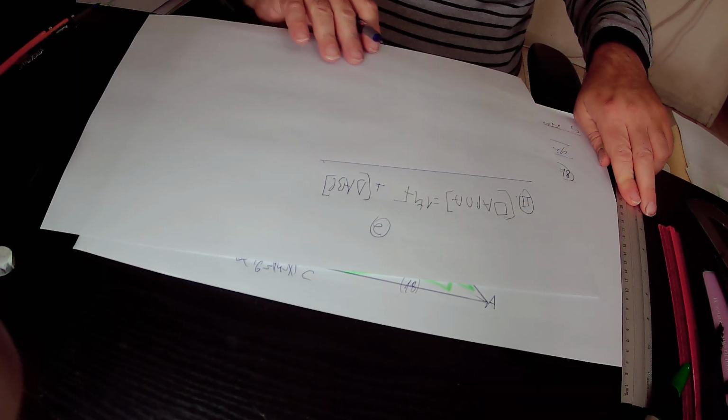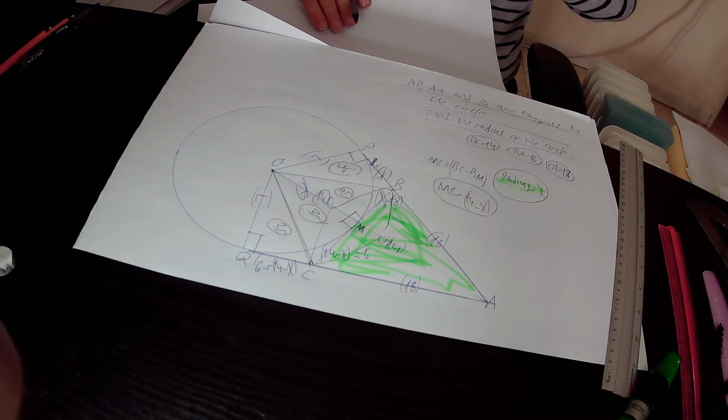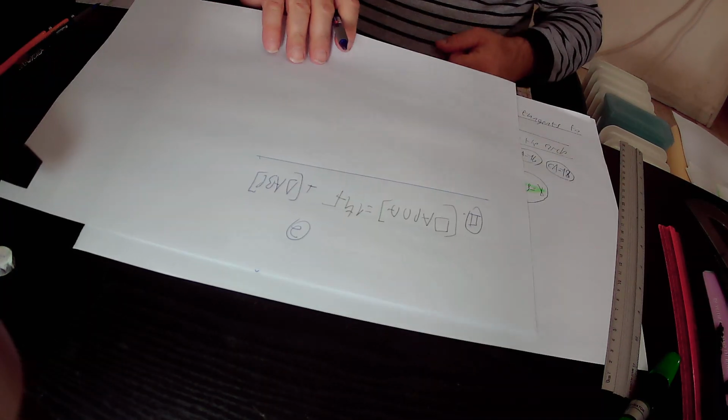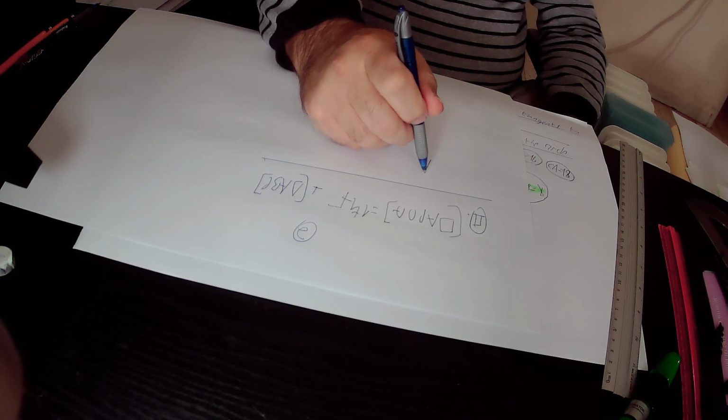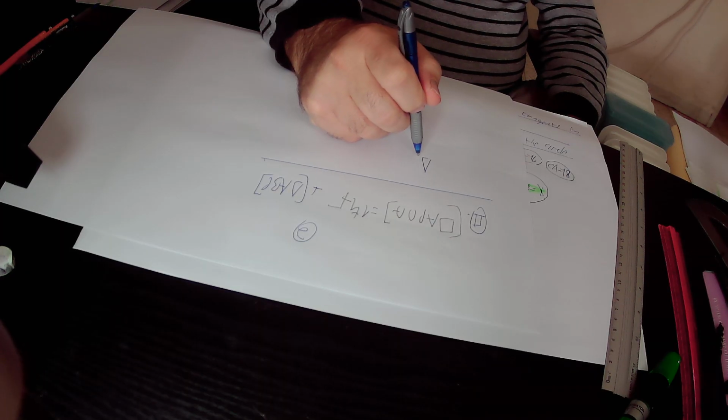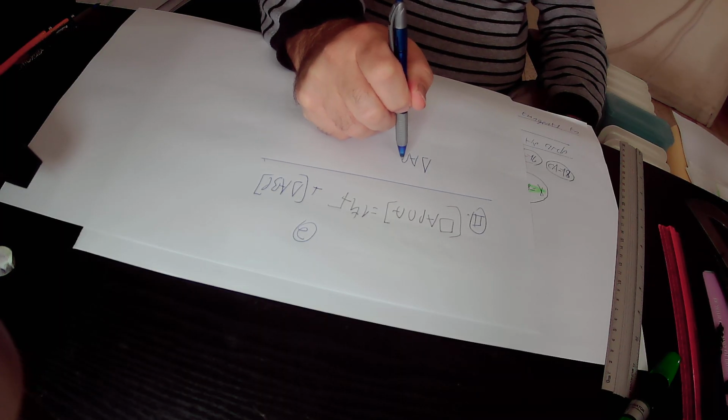We use a new formula in order to find the area of this green triangle ABC. Here triangle ABC could be any triangle. It is a general formula for the area of any triangle.